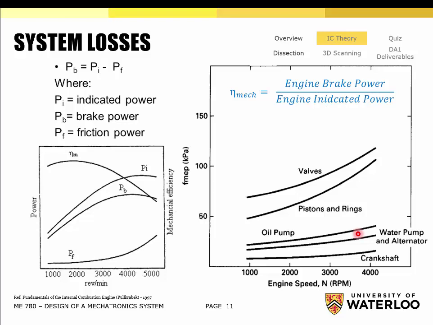So that's that sliding friction that we were talking about in the last lecture, where you have a piston inside the cylinder like this, and you have some rings here, and this is moving up and down. Those rings are directly sliding against the cylinder wall. We'll draw it here too so you guys can see.